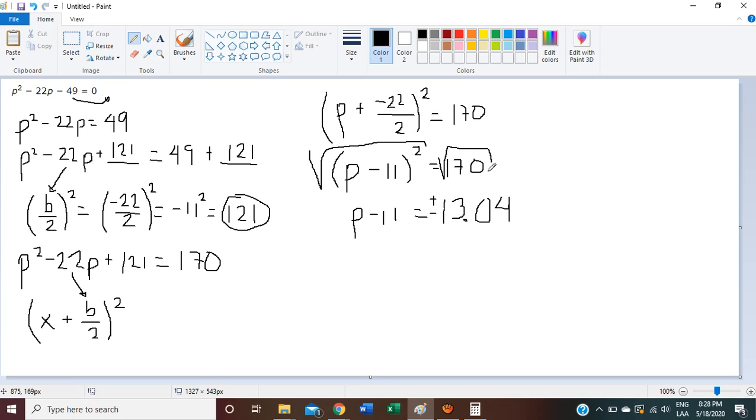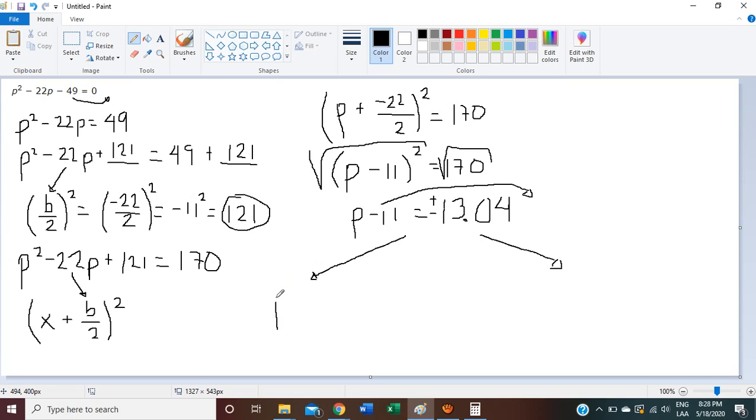Now we are going to take two paths, the left path and the right path. To take the left path, I am going to use the positive symbol, but I need to clear P by sending this 11 to the other side of the operation.